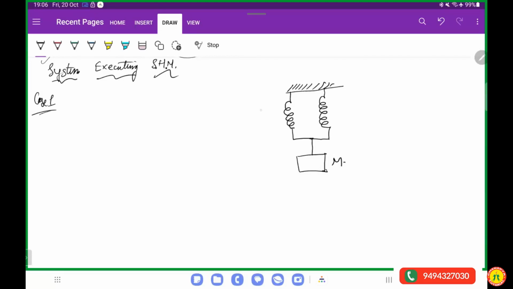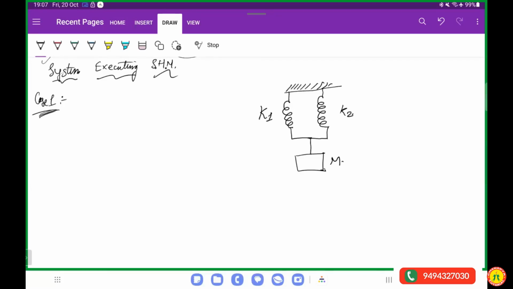If it is a spring, there will be a spring constant k1. This will be k2. Obviously weight is there, so there will be a stretching on the spring, so there will be a force for that. Force F equals kx, that you know already.